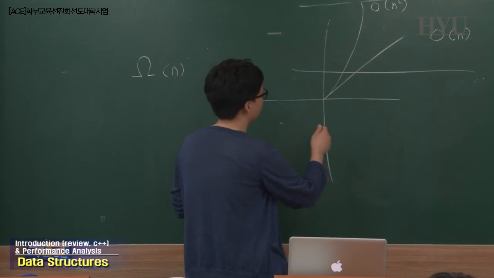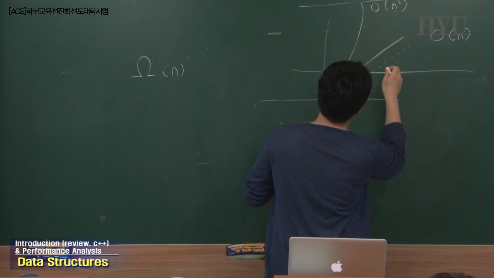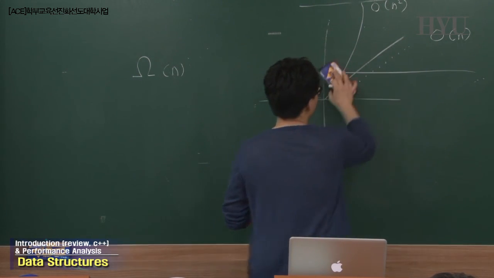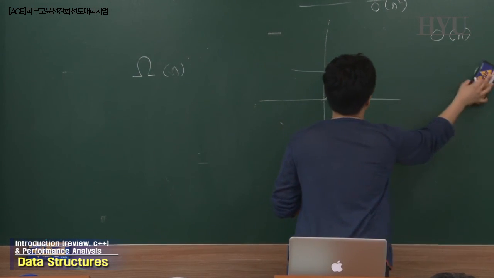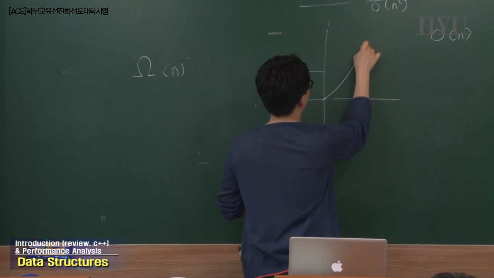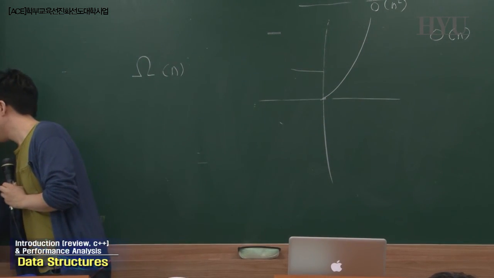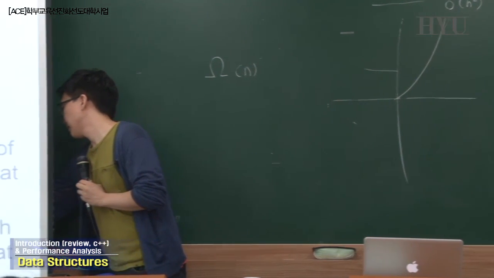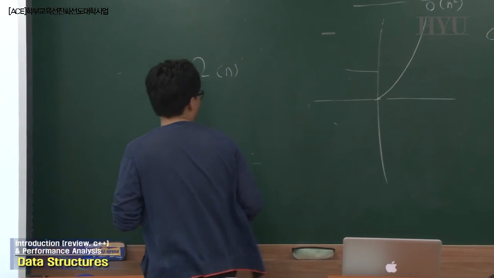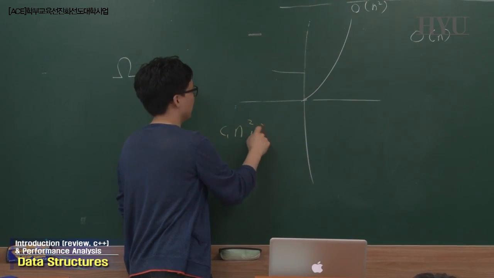I can also draw. This is not a good example. Linear might not be good. Let's say this is n squared. Some other n squared values, I don't know, c1.